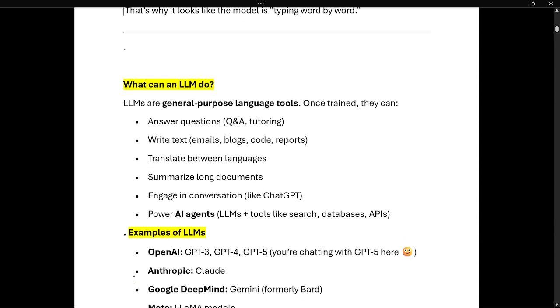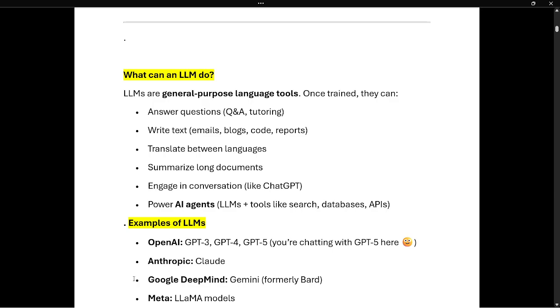After this much, we can now see what an LLM can do. We already know that an LLM is like a general-purpose tool. It will do question answering, write text, emails, blogs, code, reports, translate between different languages, and summarize long documents.